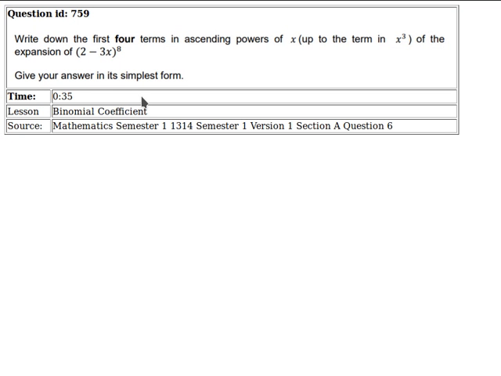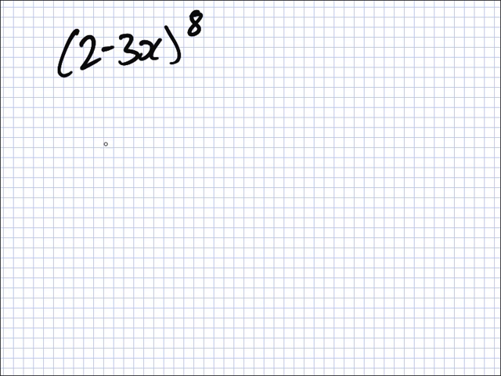Okay, so they want up to the cube term. So that would be 8C0. What has gone wrong?